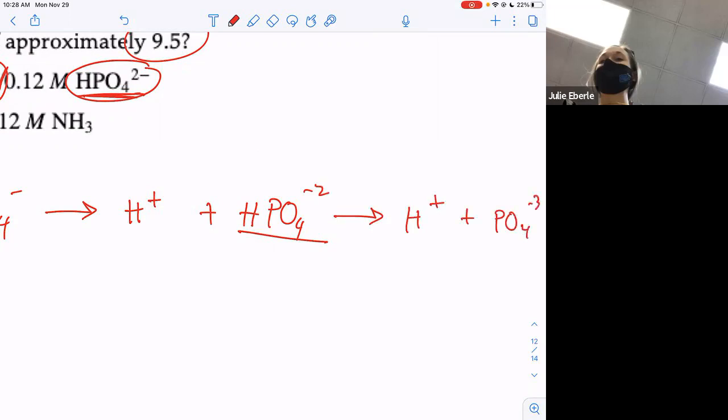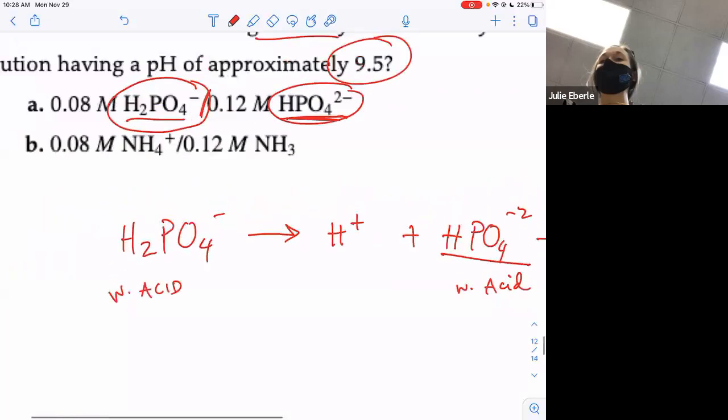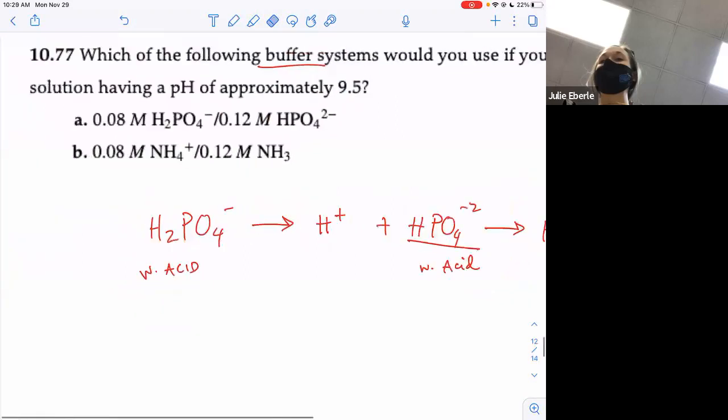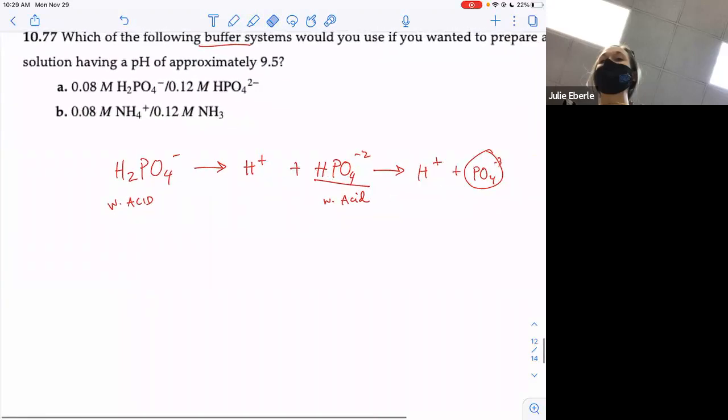Yeah, so if this was my weak acid, then my conjugate base would be this, but that's not what we have. We have the two substances I've circled up here. So the one with more hydrogens has got to be the weak acid. That's the one that dissociates and gives away hydrogens, which is what acids do. They're proton donors, remember?